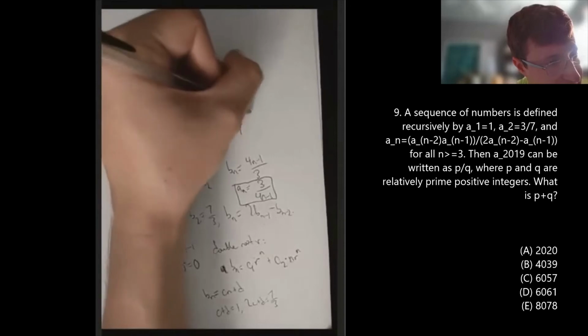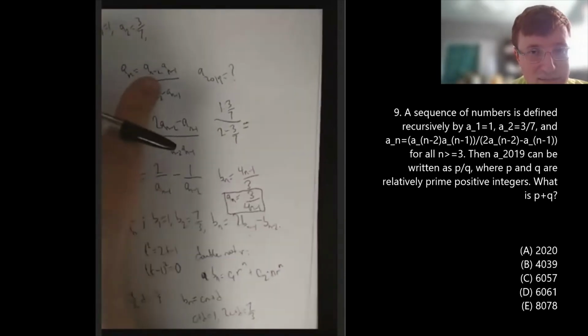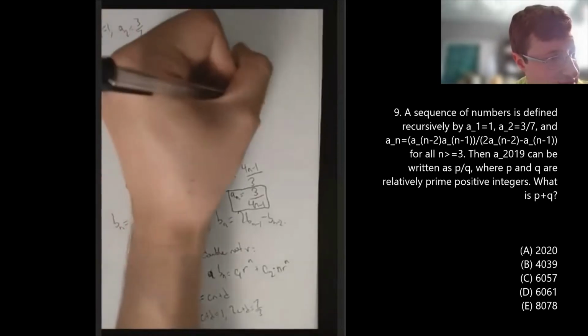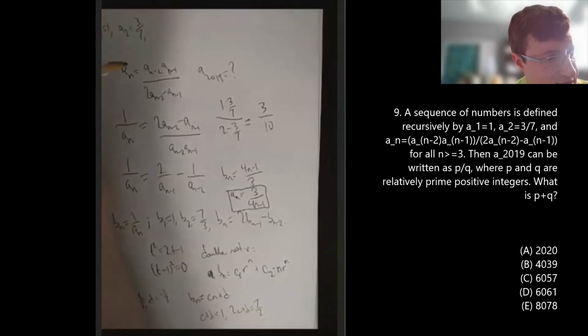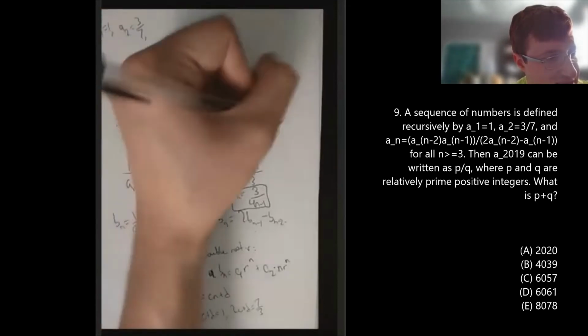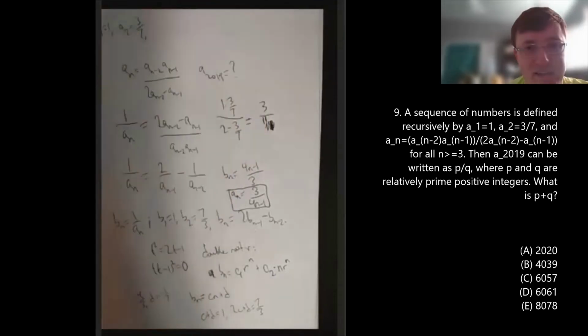So I multiply the top and bottom by 7, and I end up with 3 over 2 times 7 minus 3, which is 10. Wait, 2 times 7 minus 3, that's 11. Okay, and that does work when I plug it in here.